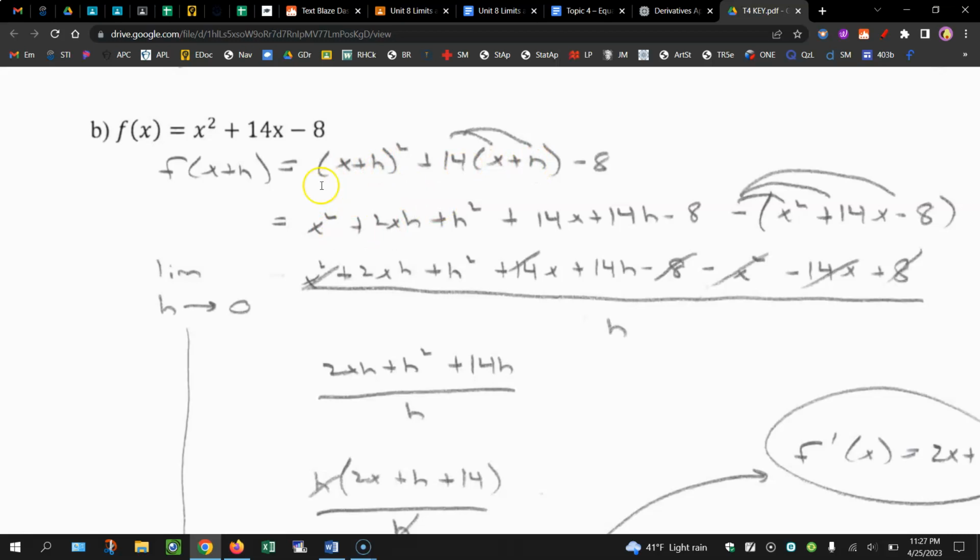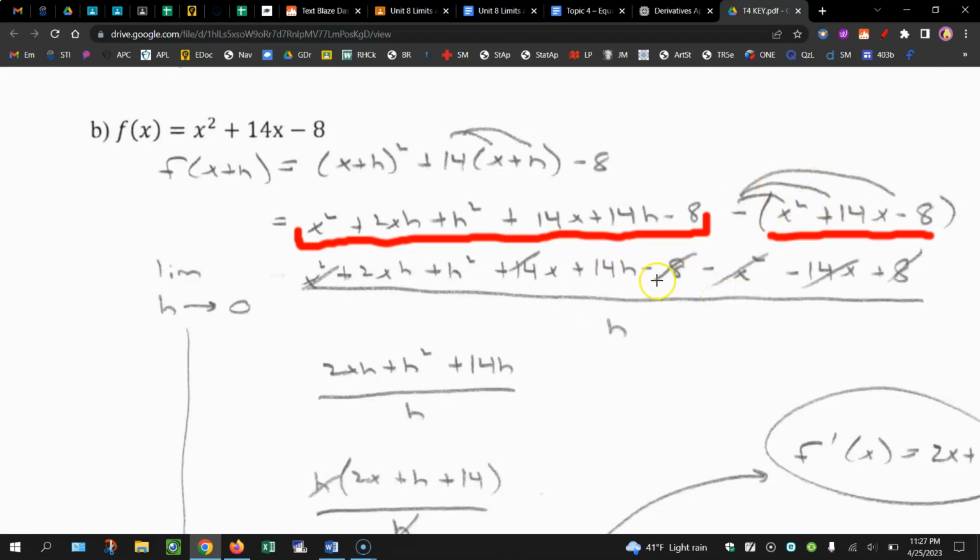So I just did that first part up here and brought it down. There's that x squared plus 2xh plus h squared plus the 14x plus the 14h minus 8. That whole thing, that's your f of x plus h. This entire thing is the f of x plus h, minus your original function, divided by h.